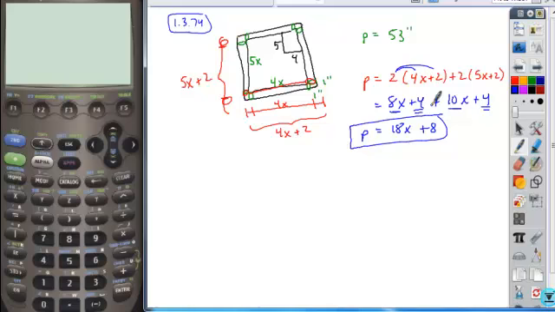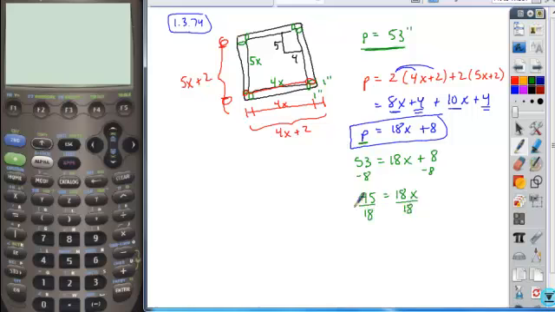Okay, now, if I wanted to solve for this when the perimeter is actually 53, what I'd then do is plug this value in for p. So 53 is equal to 18x plus 8. And if I solve it then, subtract an 8 from both sides. So 45 is equal to 18x.